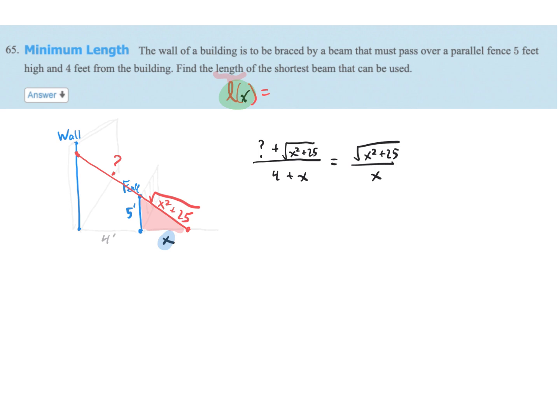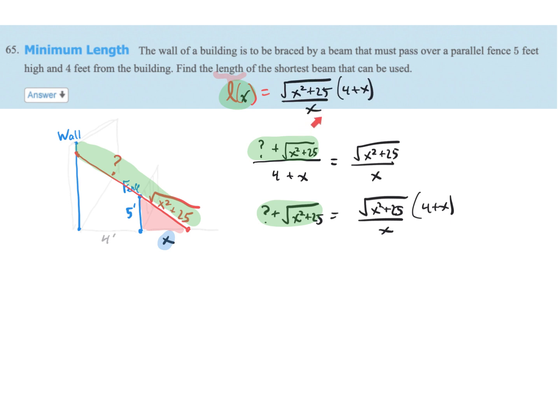So the length that we're looking for is from here to here, which is right there. So we just really need to solve for the numerator on the left side. And that's equal to the right side times 4 plus x. We have a function for the length of our beam, and it's in terms of just one variable.